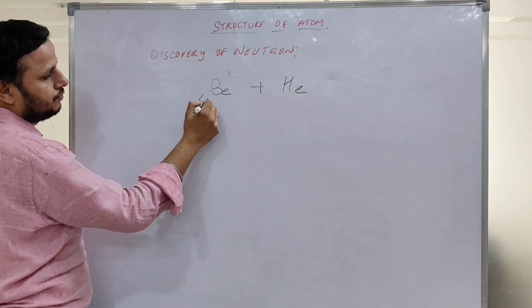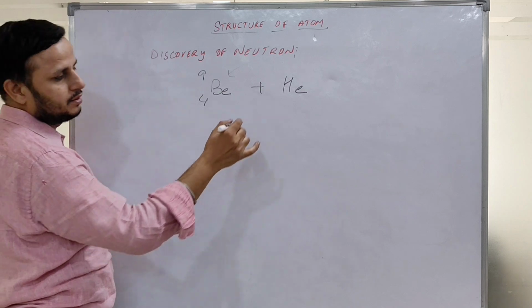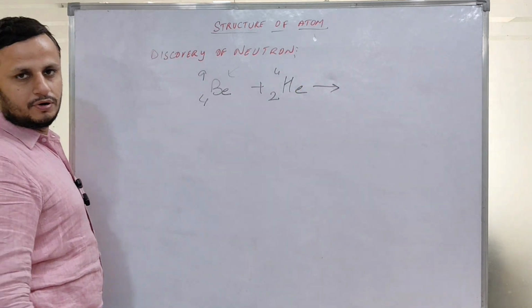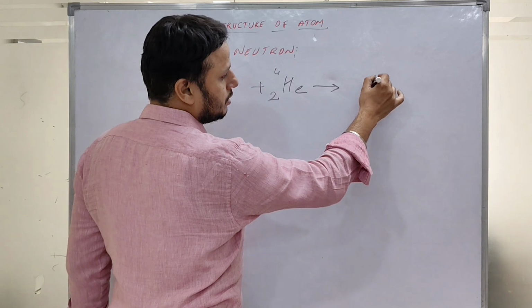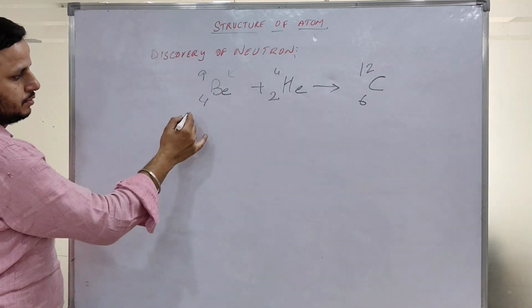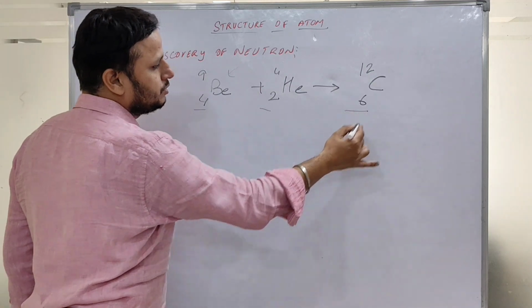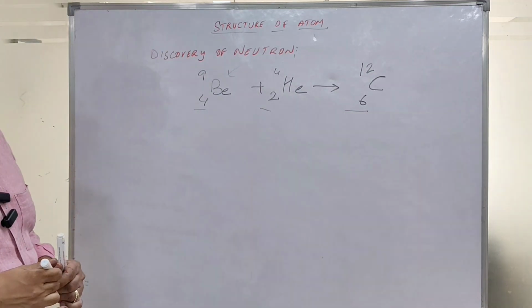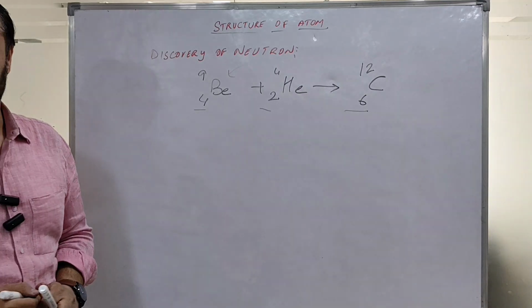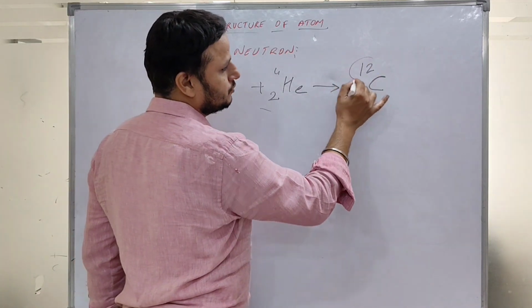Beryllium has atomic number 4, mass number 9. Helium has atomic number 2, and they converted to carbon 6C12. Now 4 plus 2, atomic number is conserved, but the mass number 9 plus 4 is 13, and carbon mass is 12.